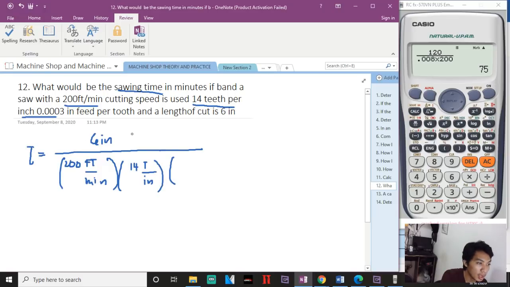Meron ka ulit dyan na 0.003 inches per tooth na feed. Okay, cancel natin to. Feet, inches. O, di gawin ko na lang tong feet.